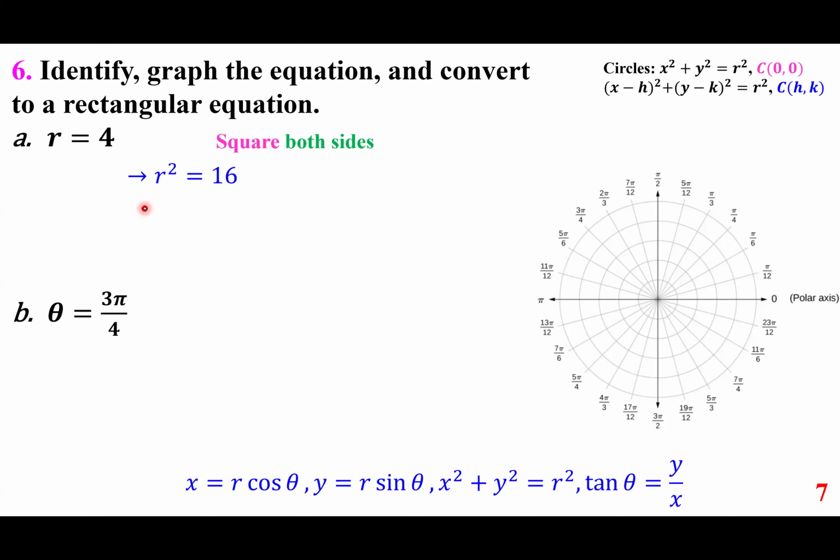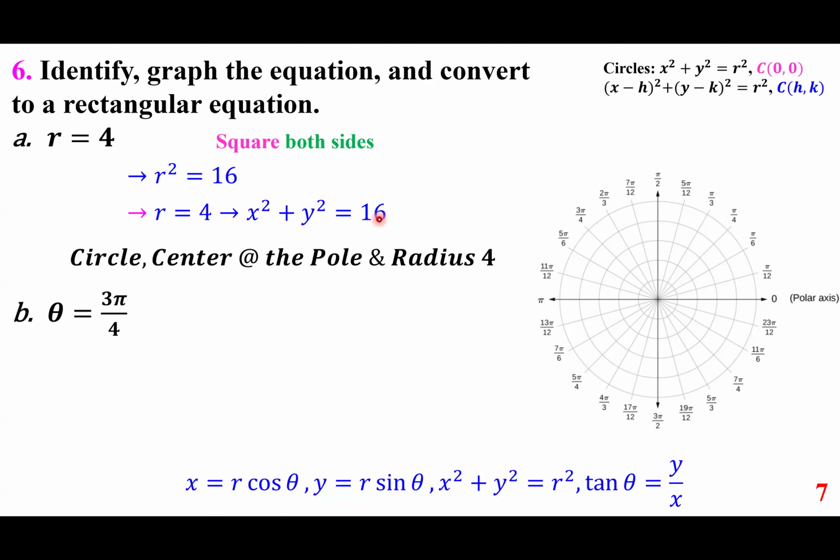Clearly, r squared is x squared plus y squared, and that makes it a circle centered at 0, 0 with the radius 4. So I hope you recognize this is the rectangular form, this is the polar form. Polar form in this case is a lot easier. Centered at 0, 0, radius 4, so 1, 2, 3, 4, and so forth.